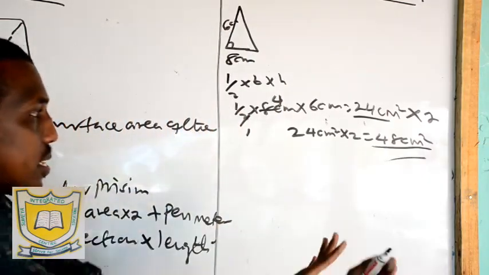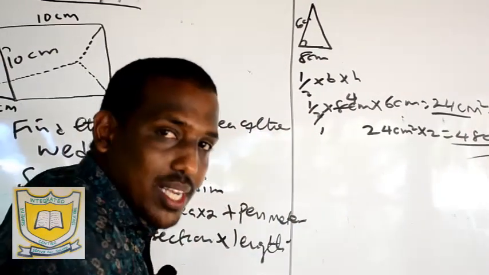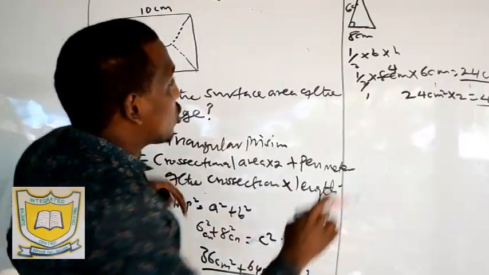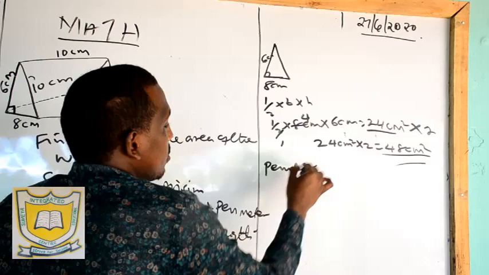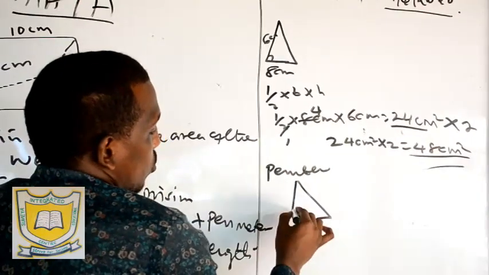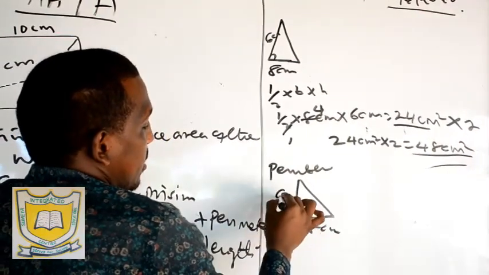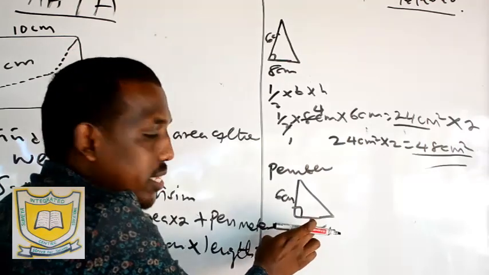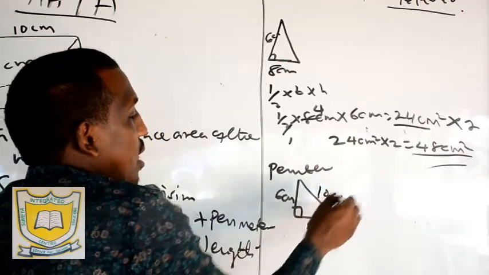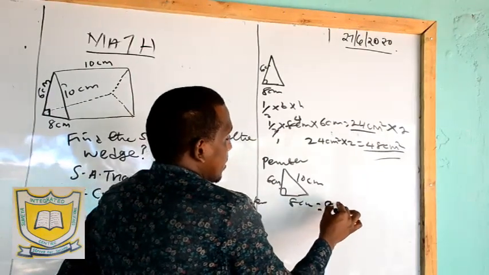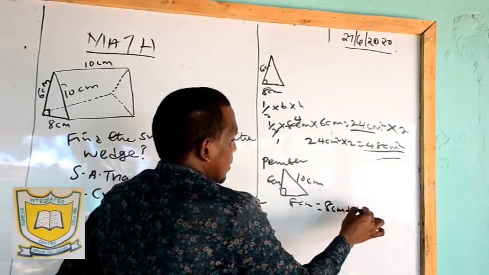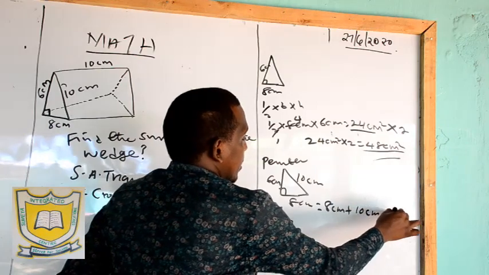After that, the formula is asking now plus the perimeter of this cross-section. Let us get the perimeter of this one now. Here is 8 centimeter, here it's 6 centimeter. Pythagoras theorem, the family 6, 8, 10, so 10 centimeter. Perimeter we say now 8 centimeter plus 10 centimeter plus 6 centimeter.